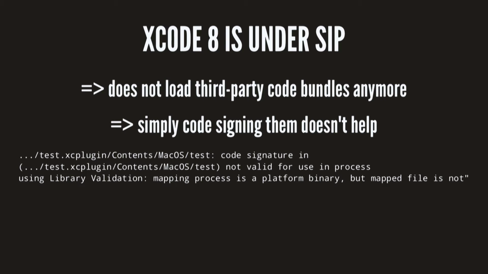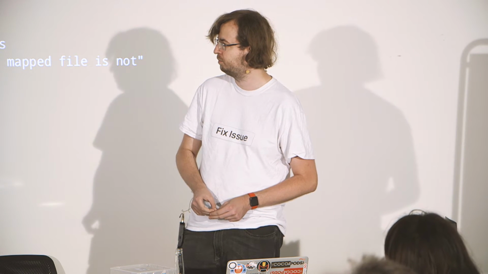And simply code signing them with your own certificates also doesn't work. You get something like this, so it really needs to be something signed by Apple to be loaded. Or while testing, you can load other plugins signed by you, but not really in production.